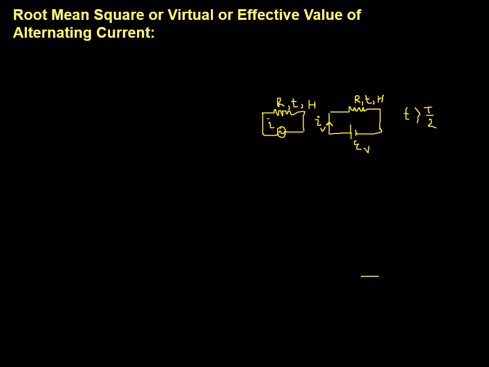Then in the R, over the same time, if the same heat is generated, remember the time should be greater than T by 2. Why greater than T by 2? I'll tell you. In that case, if the heat is the same, then EV is called the RMS voltage of the AC and IV is called the RMS current of the AC.